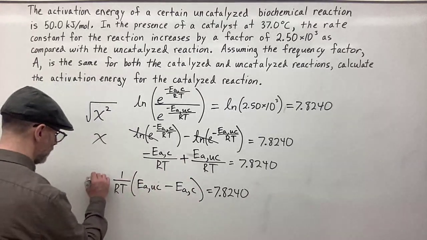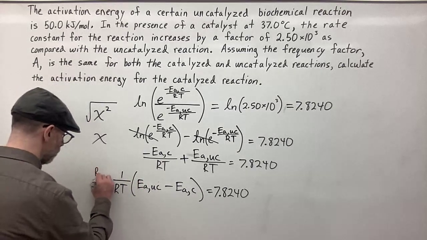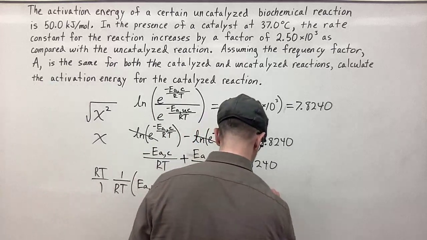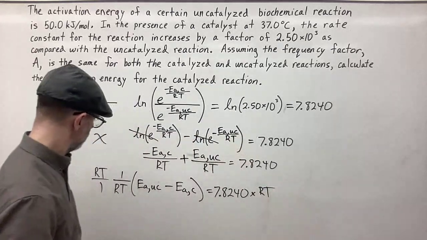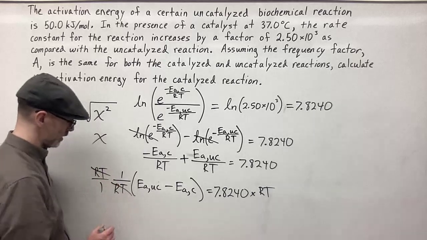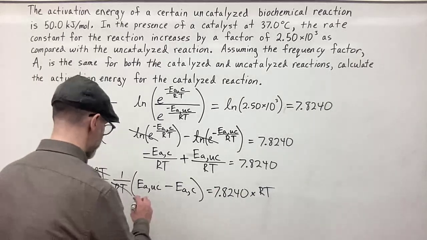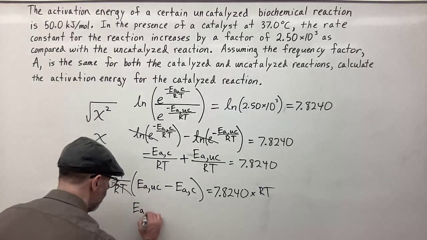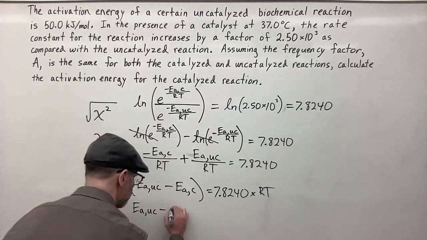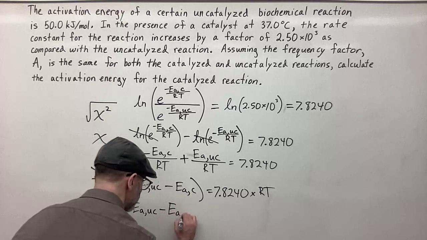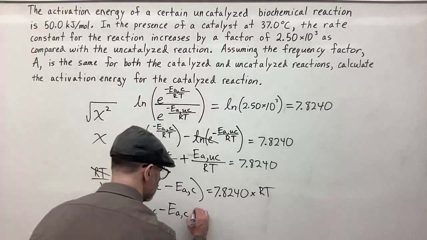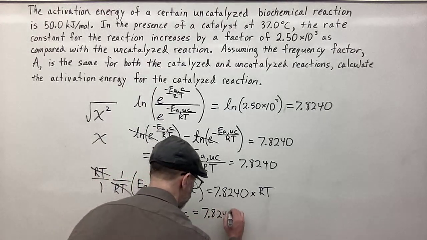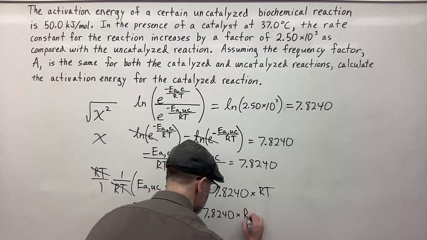So if we multiply RT over 1, and then we multiply this by RT, the RT over here will cancel out, and then we'll have the activation energy of the uncatalyzed reaction minus the activation energy of the catalyzed reaction is going to be equal to 7.8240 times RT.